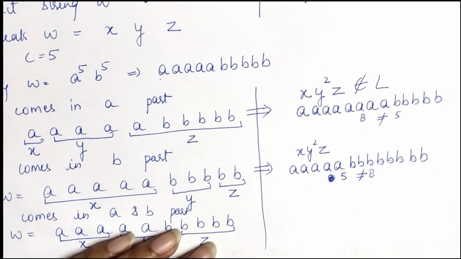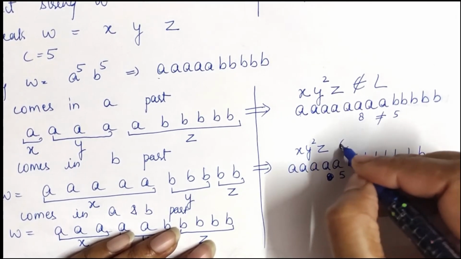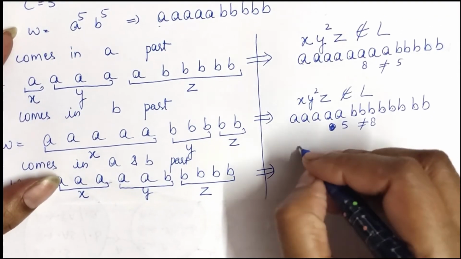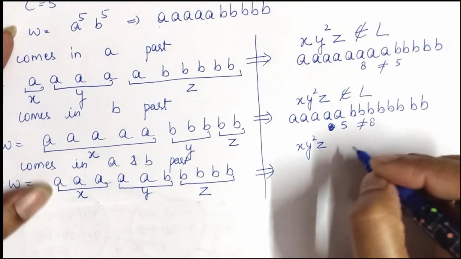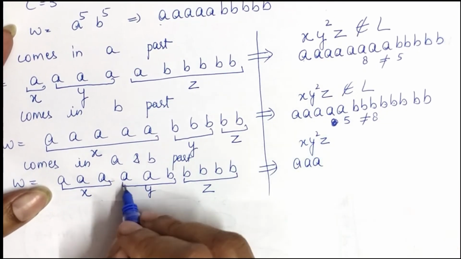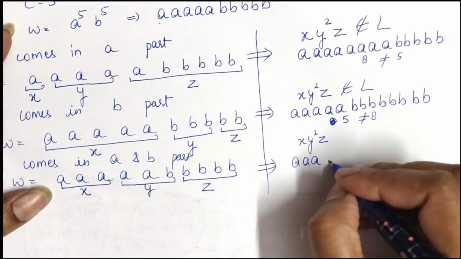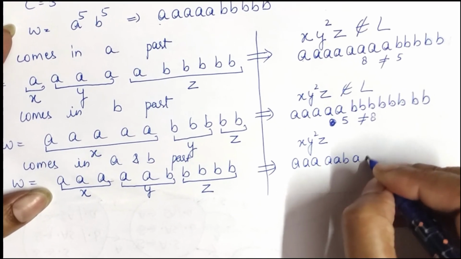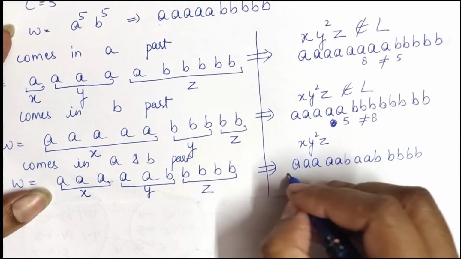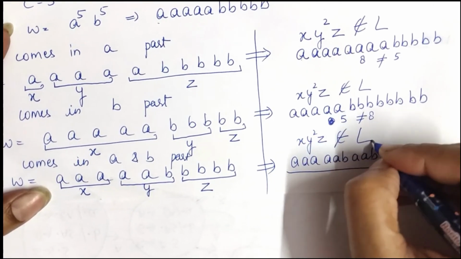Again they are not equal to each other. This means it does not belong to L. Now if we check for the third case, x y square z, in which x is 3 times a, y is 2 times a followed by b, 2 times a followed by b, and z is 4 times b. So this is not a valid string of the form, which again does not belong to L.